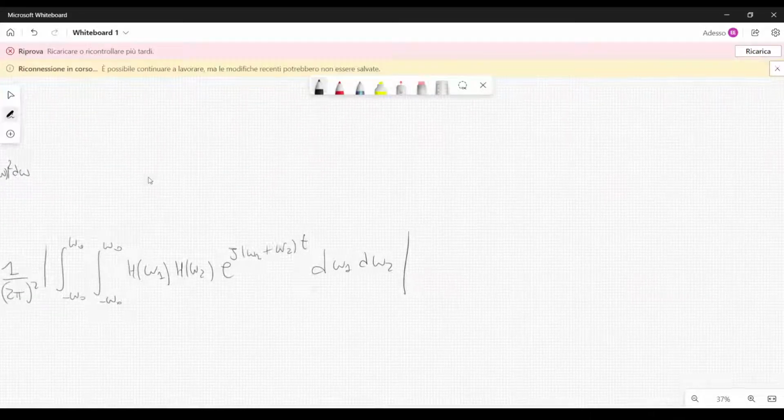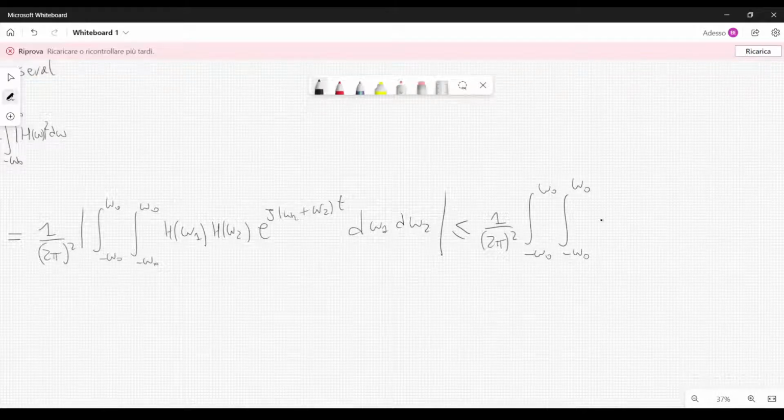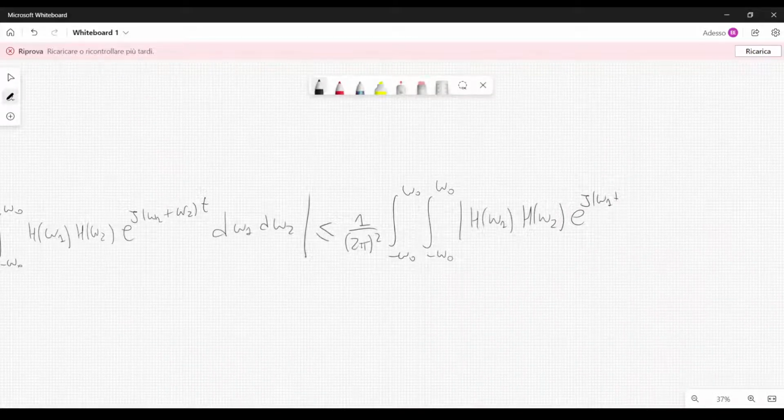But we also know that this is less than or equal to 1 over (2 pi) squared. And here I have the integral from minus omega naught to omega naught, integral from minus omega naught to omega naught, and here I have the absolute value of h of omega 1, h of omega 2, e to the j (omega 1 plus omega 2) times t.